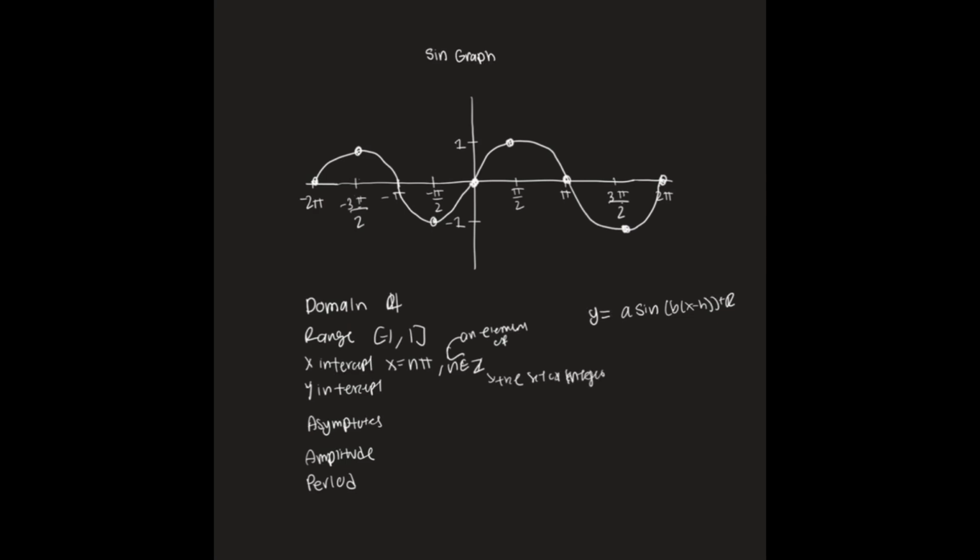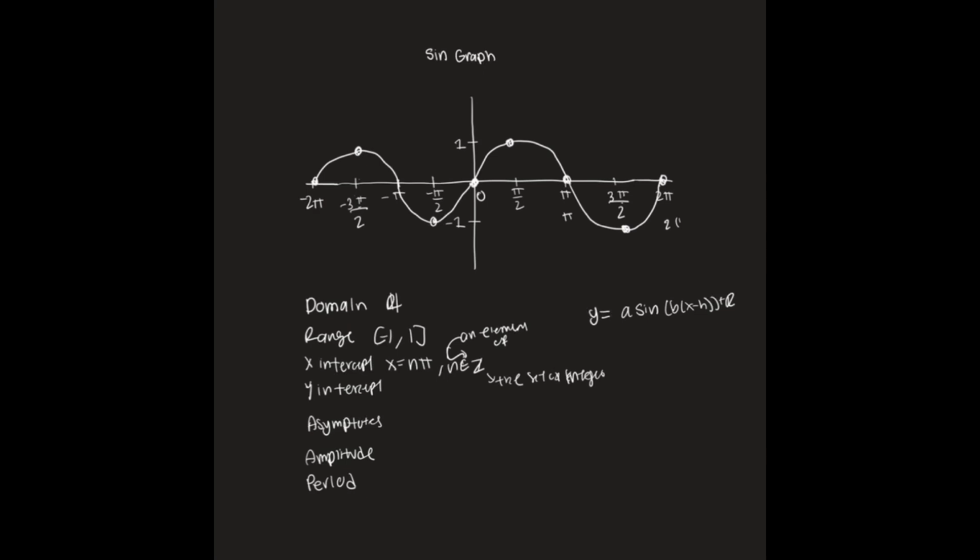So if you're looking at this graph, you see this is 0, and then this is pi, and this is 2 pi. You're adding a pi every single time, or you're subtracting a pi to get the next x-intercept.